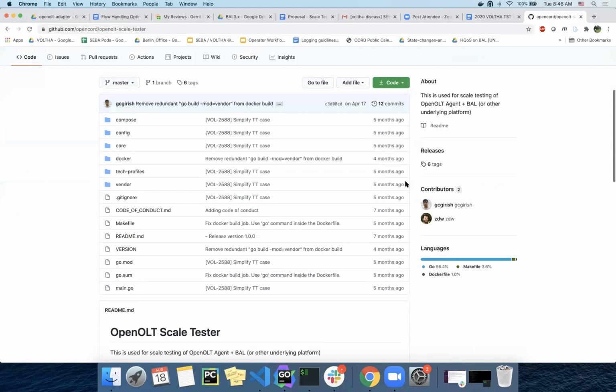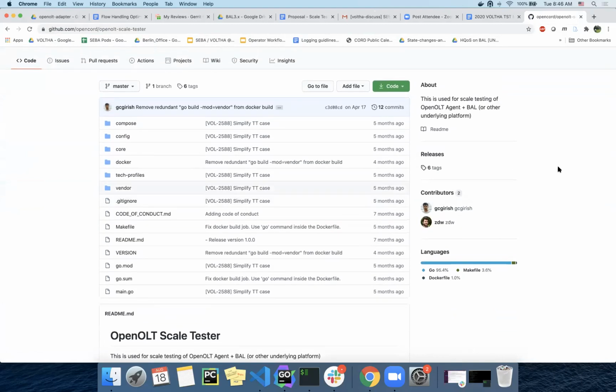So this is actually an application that is used to test the scale limits of OpenOLT agent plus BAL or any other underlying platform for that matter. But the goal of this application was not really to test the performance, but only to test the scale limits.